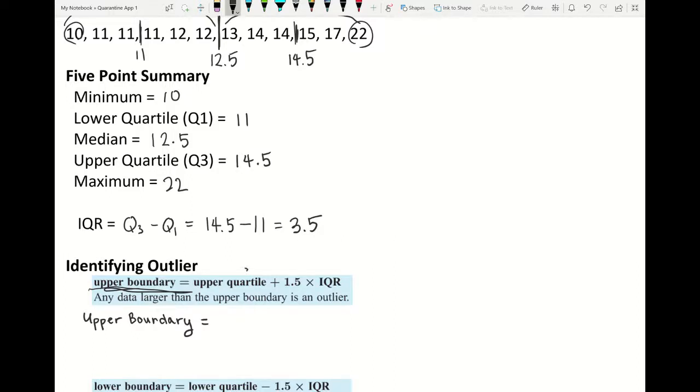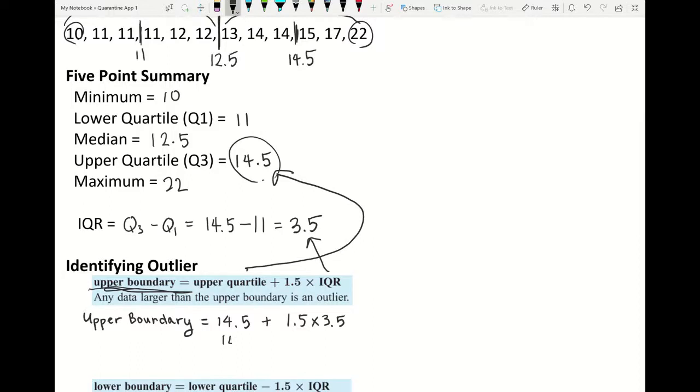Upper quartile is this number, 14.5, plus 1.5, it's always 1.5 times interquartile range. Interquartile range is this, 3.5. Let's see, 1.5 times 3.5 is 5.25.